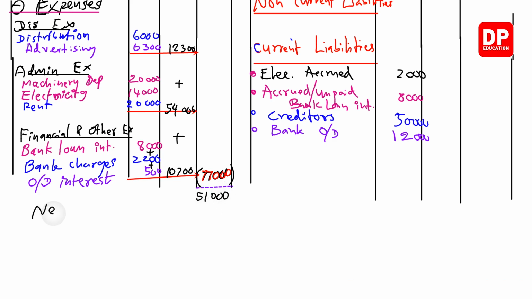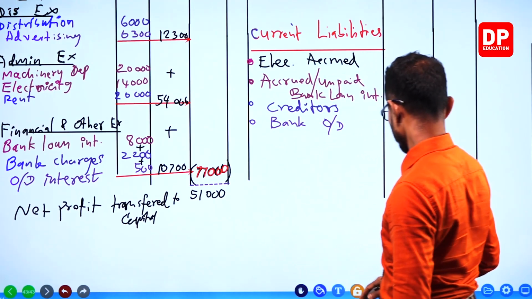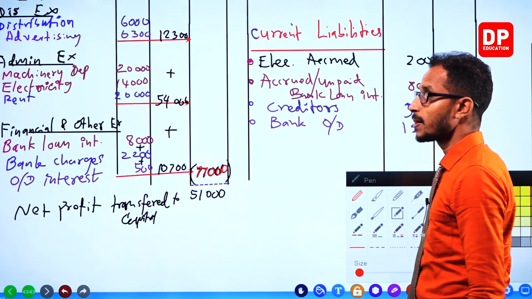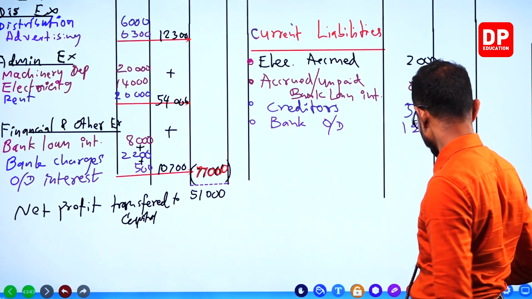Net profit transferred to capital. Done. Take it to the capital and add it to the capital. That's what we should do.